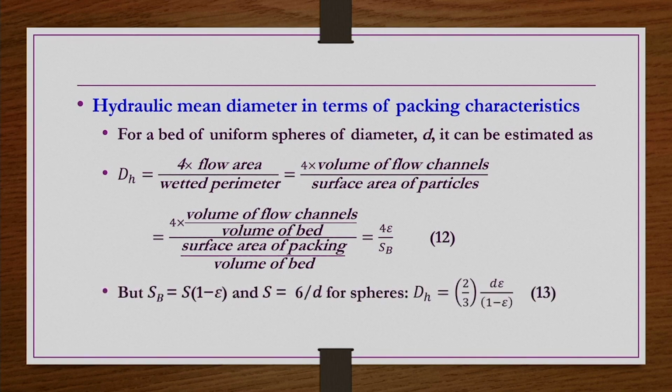SB for spherical particles, we know, is S multiplied by 1 minus epsilon, and S for a spherical particle is 6 by d. So, SB is nothing but 6 by d multiplied by 1 minus epsilon, right. So, now dH is 4 epsilon divided by SB, which is 6 by d times 1 minus epsilon. When you simplify, you get dH equal to 2 by 3 d epsilon by 1 minus epsilon.